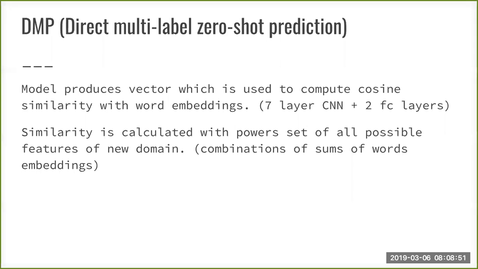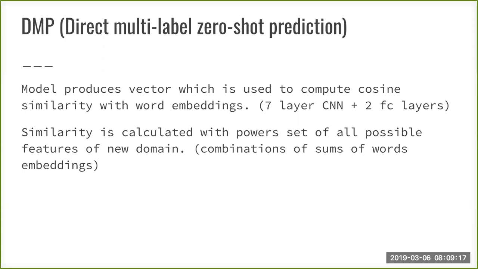Basically, it outputs the vector that's exactly the same size as the word embedding vector, and then it will do the cosine similarity across pretty much the power set of all the possible labels you're interested in.